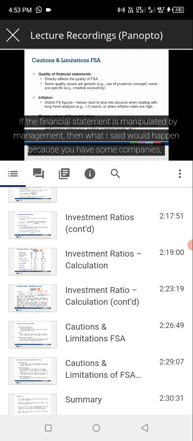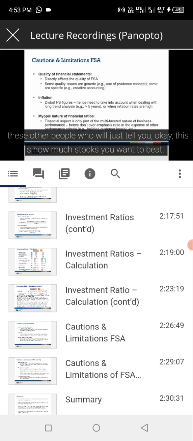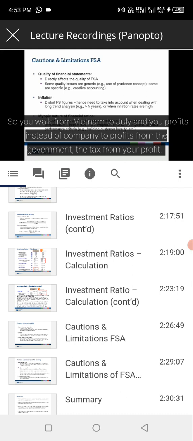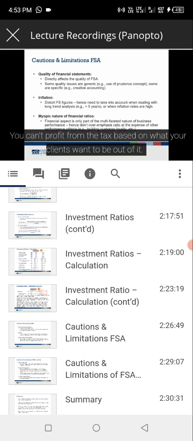Because you have some companies who will just tell you, okay, this is how much tax we want to pay. So you work from there to derive the profits. Instead of calculating tax from your profit, you calculate profit from the tax based on what your client wants to pay. And then at the end of the day, you just declare your profit. So it depends on the accuracy of the financial statement.